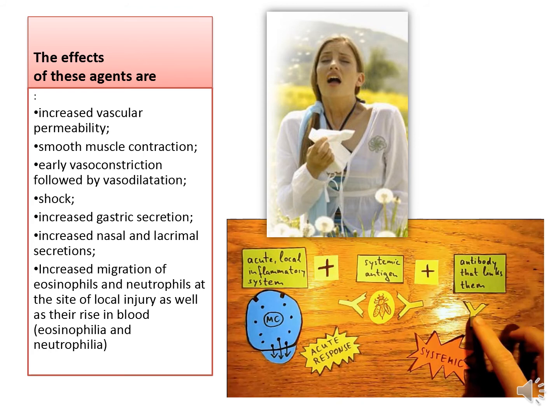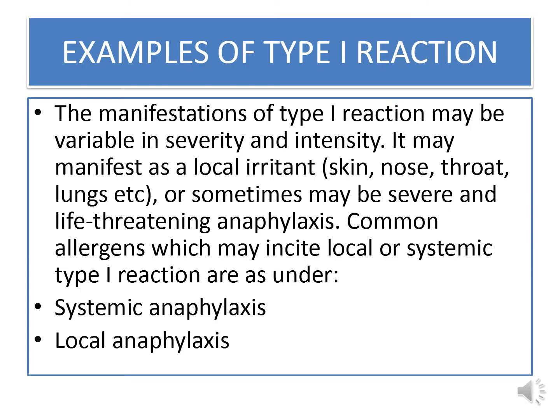The effects of these agents are increased vascular permeability, smooth muscle contraction, early vasoconstriction followed by vasodilatation shock, increased gastric reaction, increased nasal and lacrimal secretions, increased migration of eosinophils and neutrophils at the site of local injury, as well as their rise in blood. We see eosinophilia and neutrophilia in the blood test.